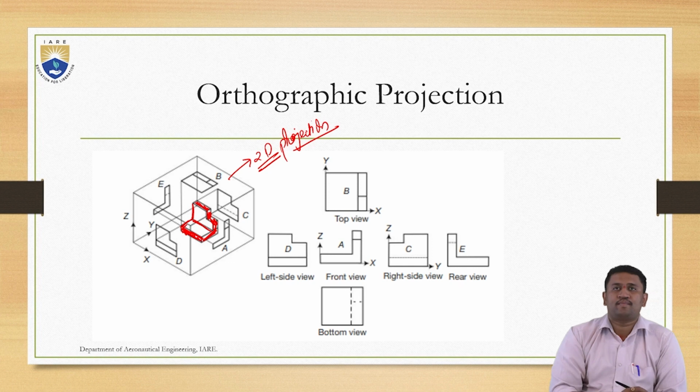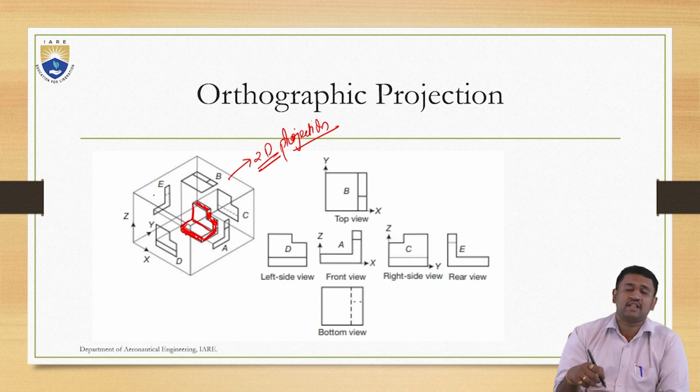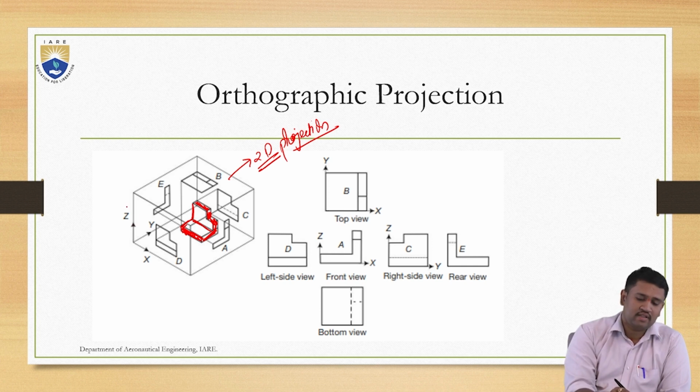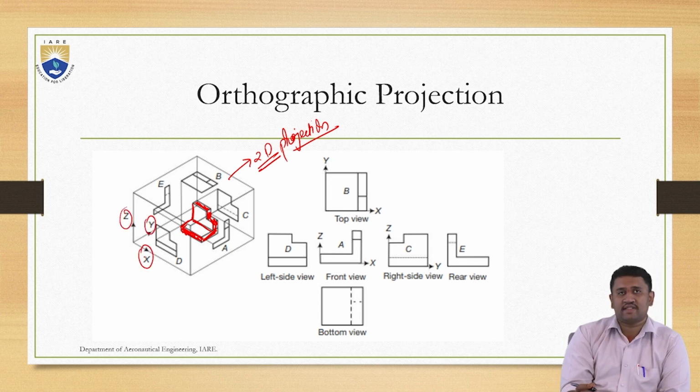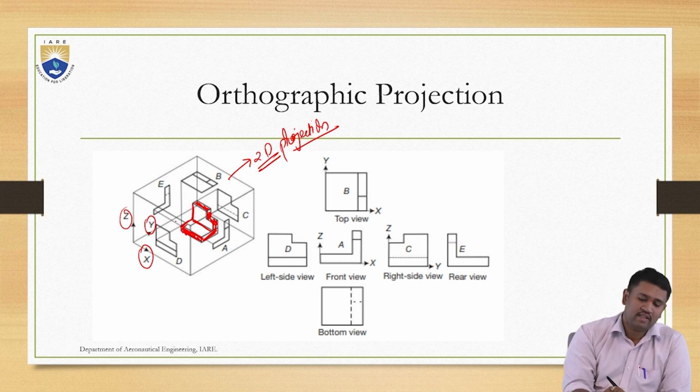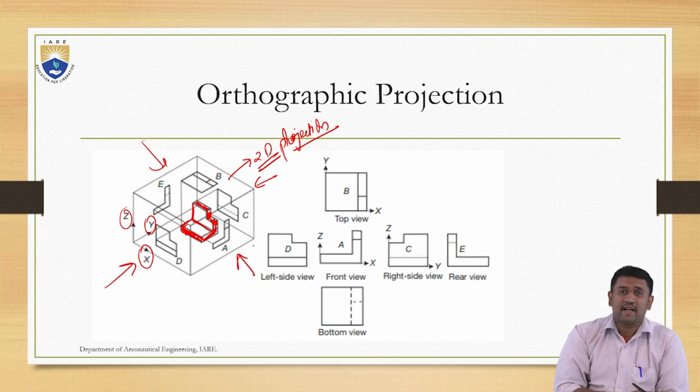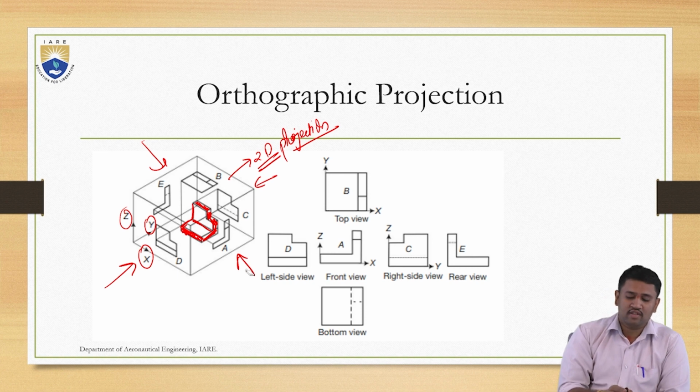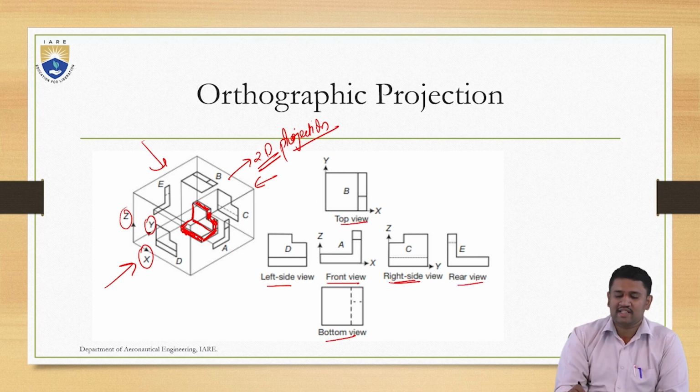Now, if you are confining it inside a solid cube, which is very similar to your Cartesian system X, Y, and Z, then from your viewer's perspective, or the direction where the viewer is seeing, from that point of view you will be getting the views. Based on your views, you will be getting front view, top view, bottom view, left side view, right side view, as well as rear view.